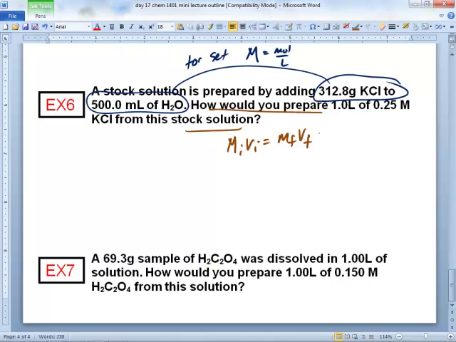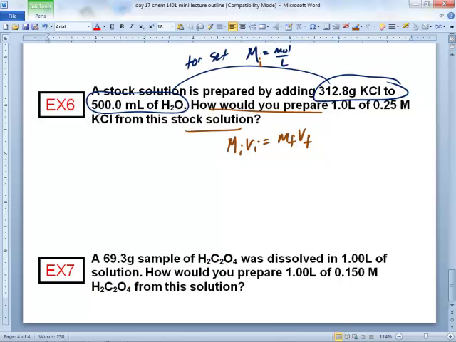Is it Mi or is it Mf? Which one is it? It's Mi. Yeah. So you are really getting Mi in EX6. Okay. Now we'll try one of these, but let's take a look at this one, EX7.